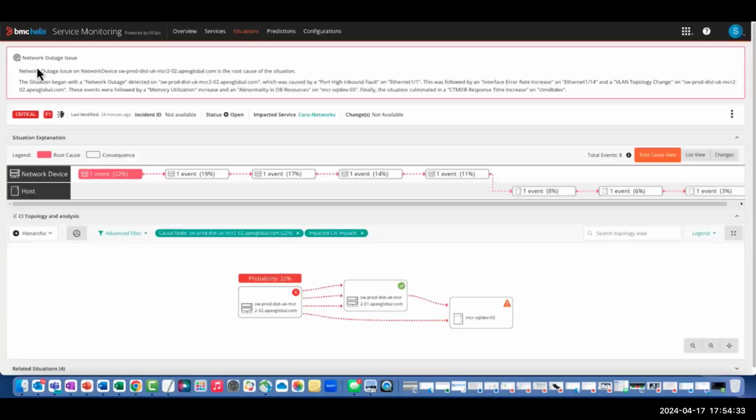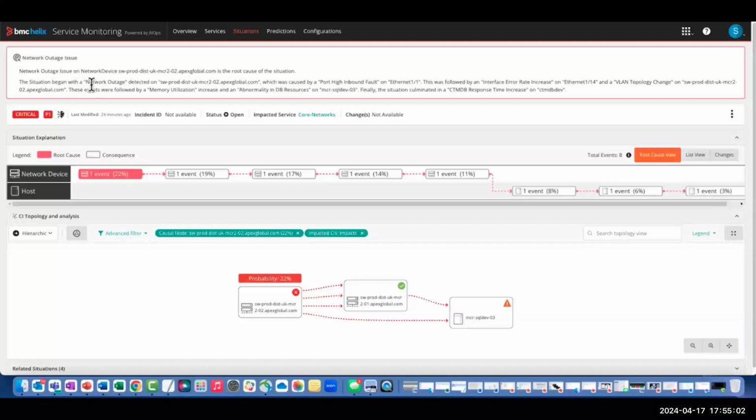And the first thing we see is a GenAI generated human readable description of the situation. So we can see that this is a network outage issue on this network device, which is a root cause of the situation. We're also told about how the situation began and what caused what.